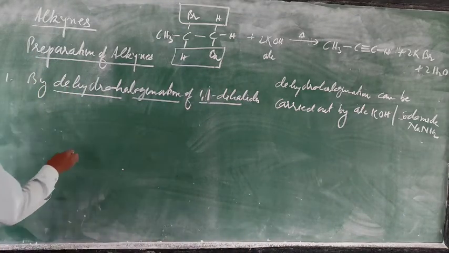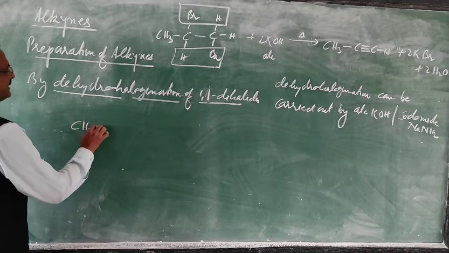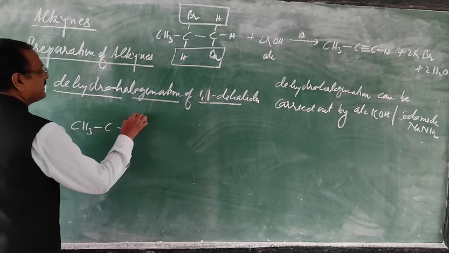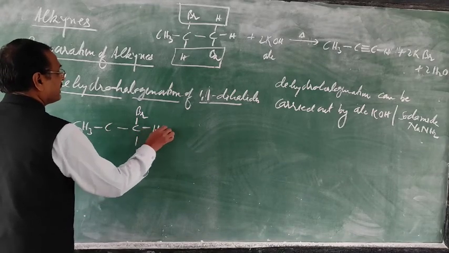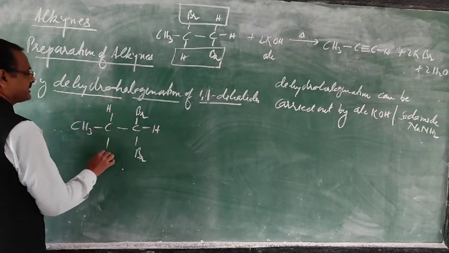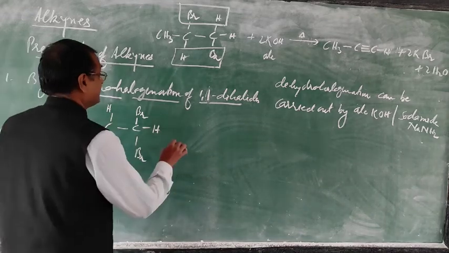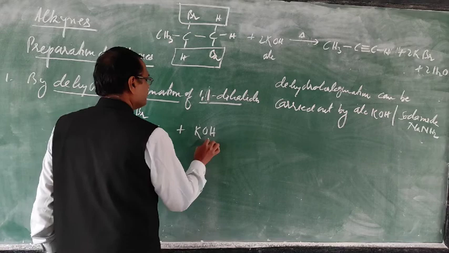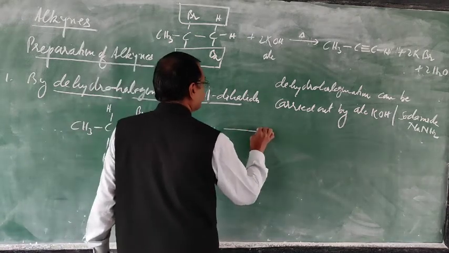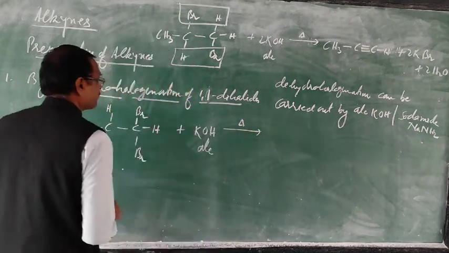So just you see, CH3, C with 1 bromine, 1 bromine, then H. You can treat it with KOH. Here also it is up to you, you can use either alcoholic KOH or sodamide.